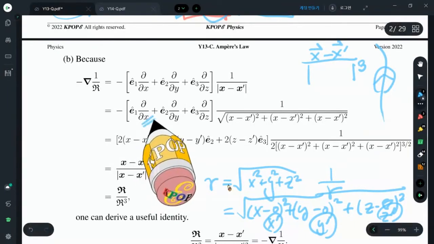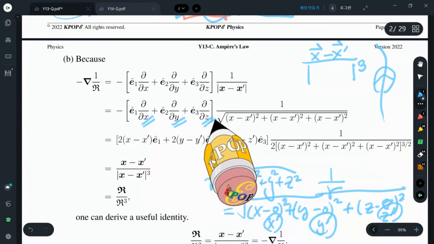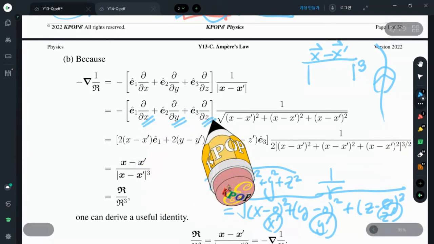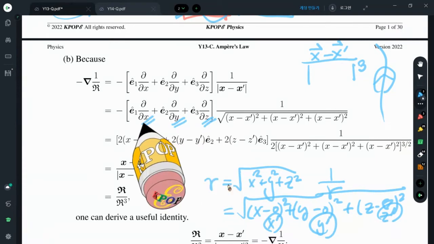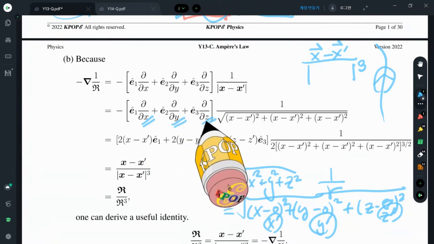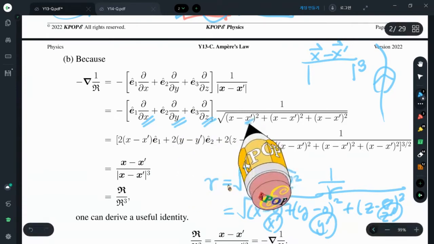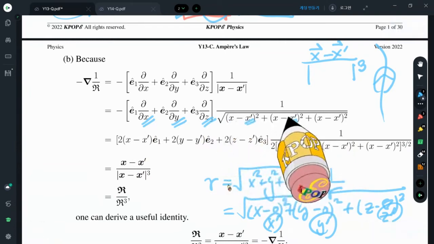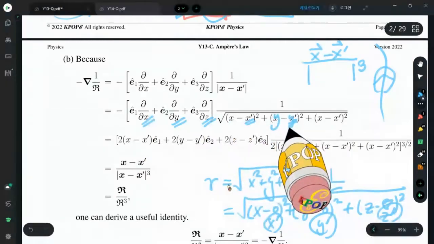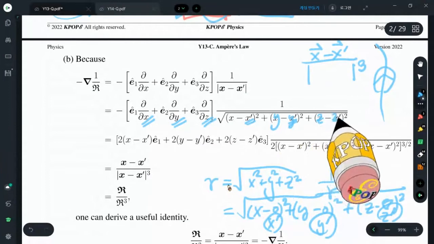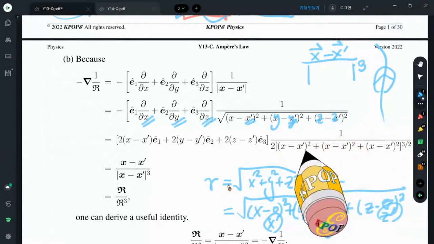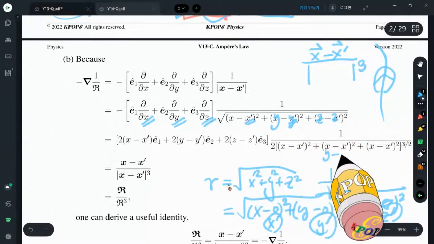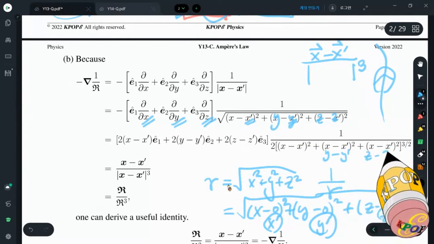However, the partial derivative with respect to the coordinates of the field point is independent of this. This is y minus y prime and z minus z prime.